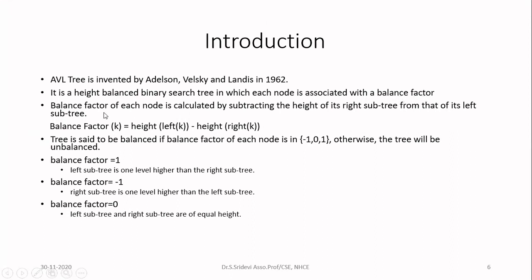How do we calculate it? For every node, you calculate the balance factor by subtracting the height of its right subtree from that of the left subtree. So if K is a node, the balance factor is the height of left of K minus the height of right of K.